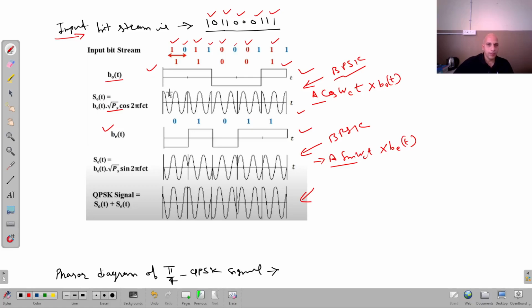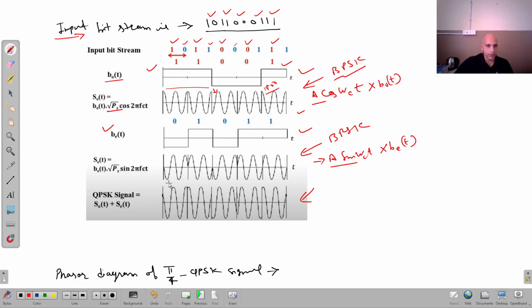In this way, when it is 1 1, you can see here we have one wave, right? Here when it is 0, a 180-degree phase difference is induced, then 0 0, then again when we are going from 0 to 1, a 180-degree phase difference, right?